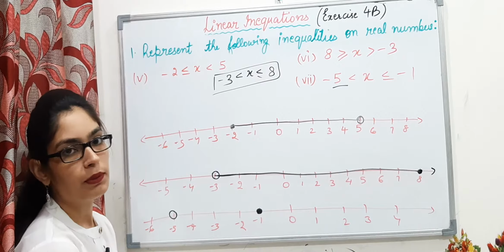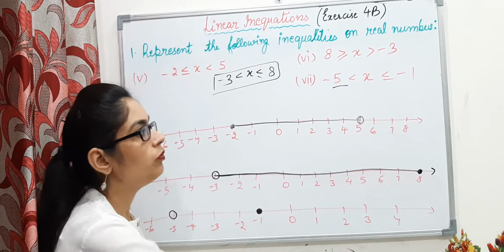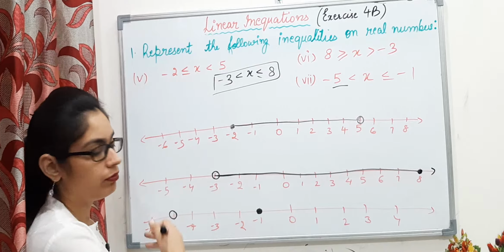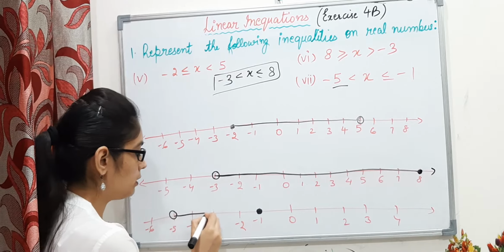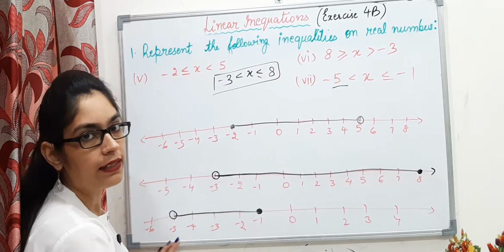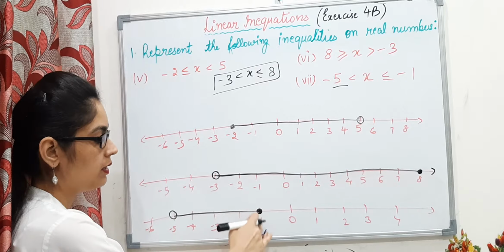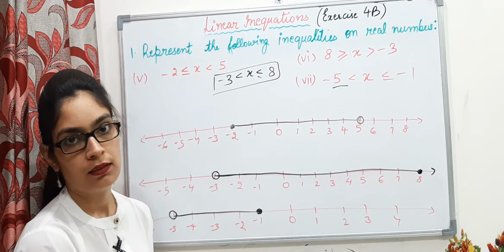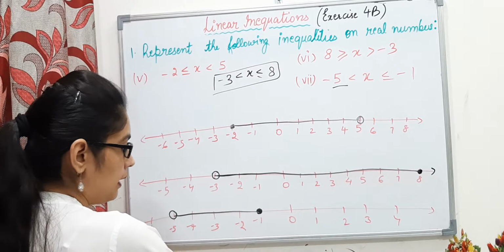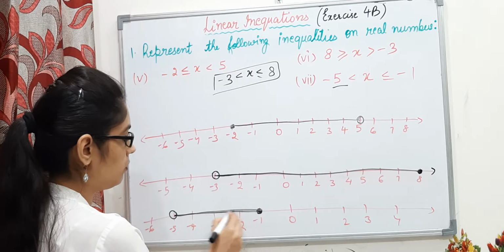So x lies between them, because greater means I move towards the right, and less than means towards the left. From this point I go towards the right, because x is greater than this point. From this point I go towards the left, because x is less than this. So for less than just go left, for greater than go right. This way you can plot it.